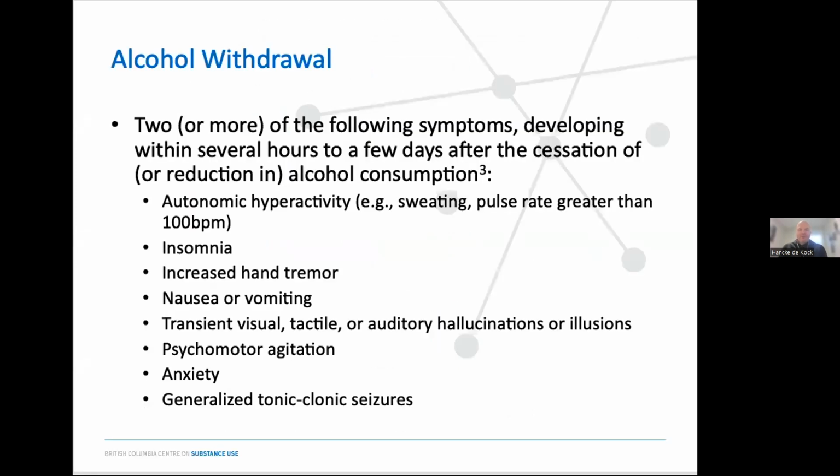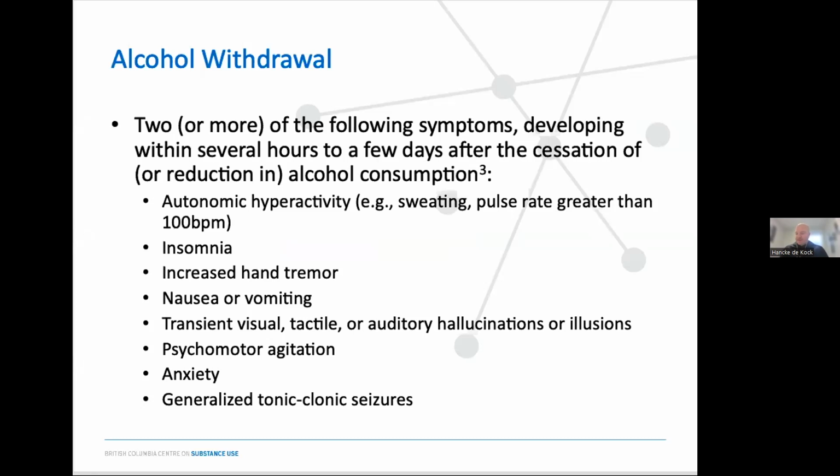So if we look at alcohol withdrawal, 2 or more of the following symptoms develop within several hours to a few days of the cessation or reduction in alcohol consumption. We look at autonomic hyperactivity, such as sweating and a pulse rate greater than 100, insomnia, increased hand tremor, nausea and vomiting, transient visual, tactile, or auditory hallucinations or illusions, psychomotor agitation, anxiety, and then the one we're really concerned about, generalized tonic-clonic seizures.